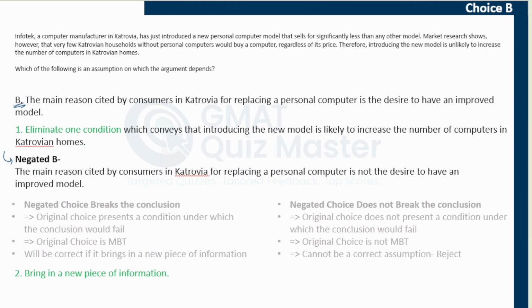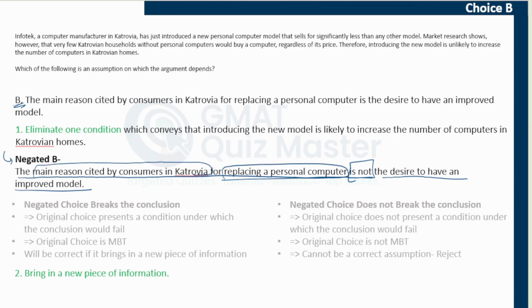So negated choice B is: the main reason cited by consumers in Ketrovia for replacing a personal computer is not the desire to have an improved model. Now, whether this main reason is this or something else, does that break the conclusion? Does that convey that with the new model, the number of computers in Ketrovian homes will increase?